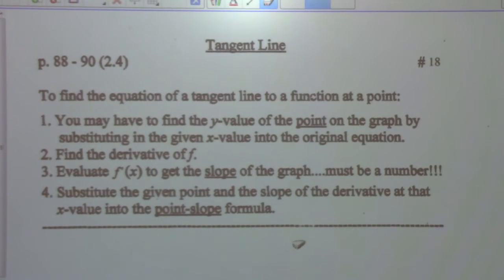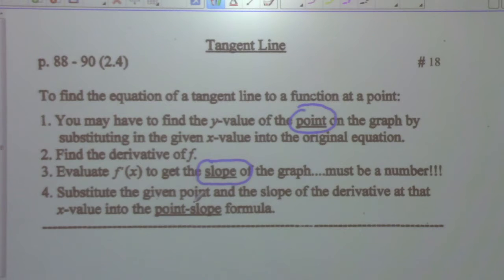Ladies and gentlemen of calculus, we're getting to note card 18, which is tangent line, and we've kind of worked that in up till now. We talked about the two things that are needed to find the equation of a tangent line, which are a point right here and a slope.